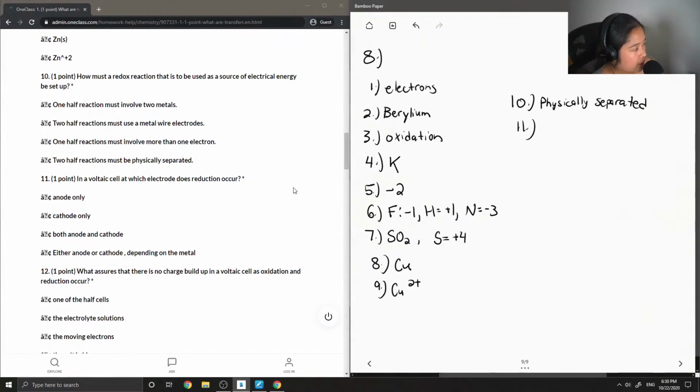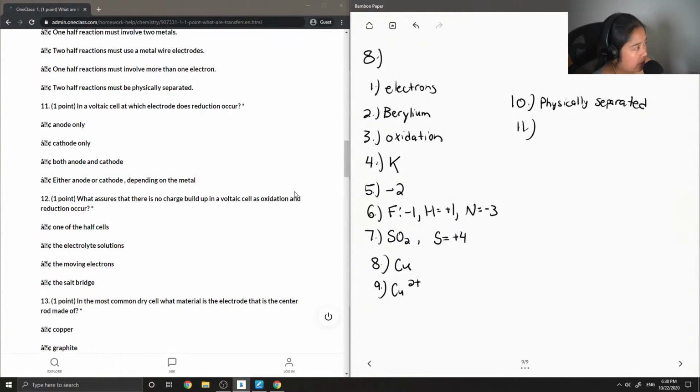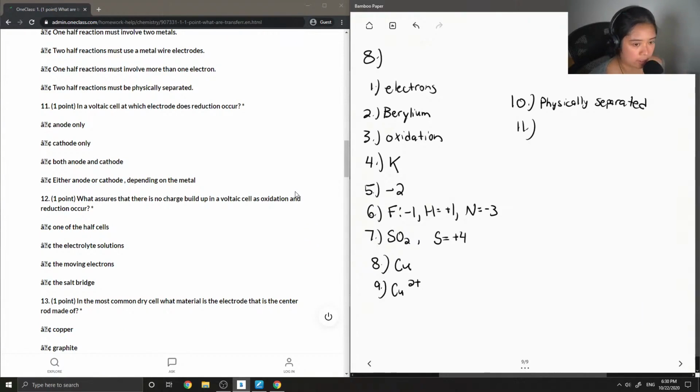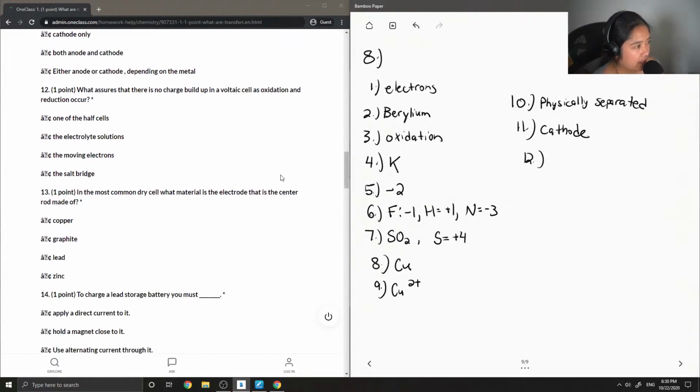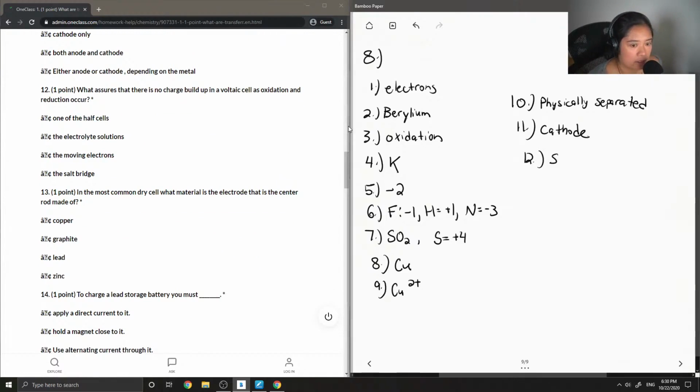In a voltaic cell, at which electrode does reduction occur? So reduction takes place in the cathode. What assures that there is no charge buildup in a voltaic cell as oxidation and reduction occur? This is the salt bridge.